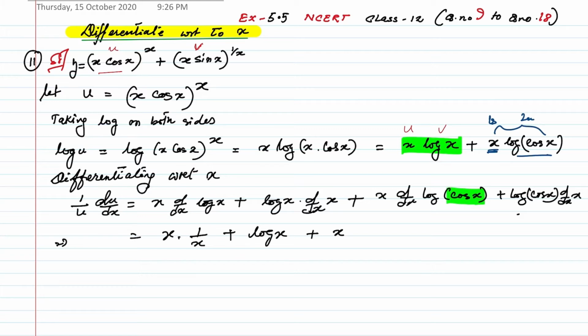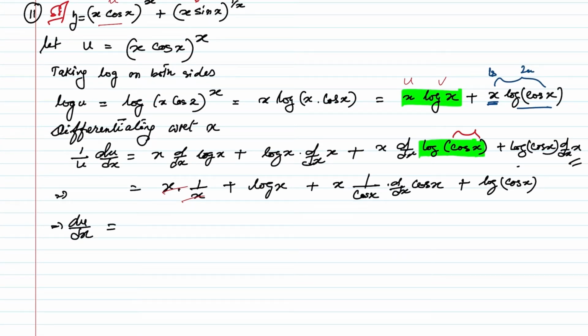Now if you assume this one as log x, then you should get 1 by cos x. Then again you have to differentiate the function within the bracket, derivative of cos x, then plus log of cos x, and derivative of x is 1, so here we can write only log of cos x. So here x cancels.